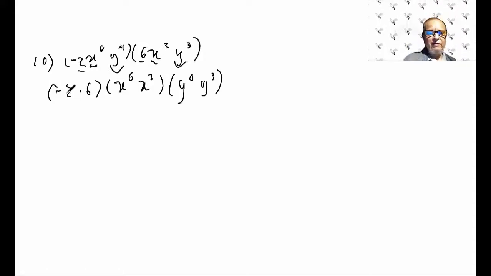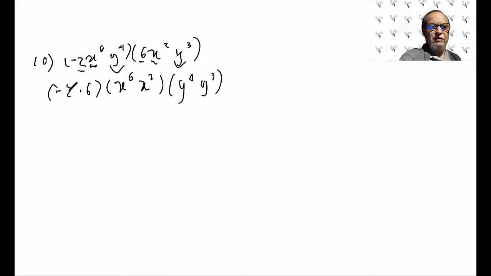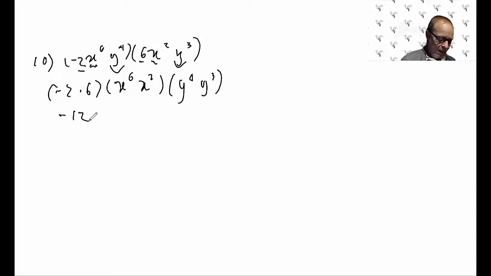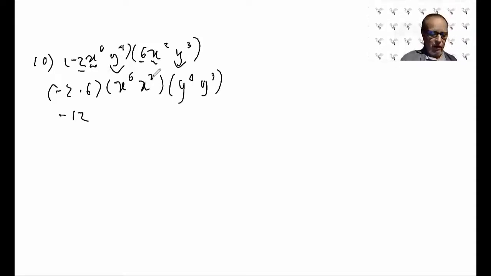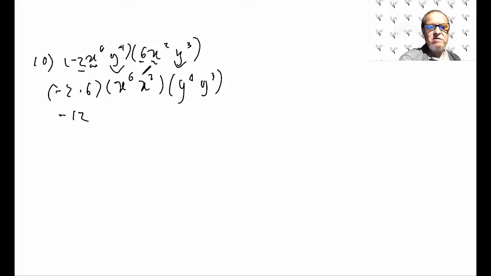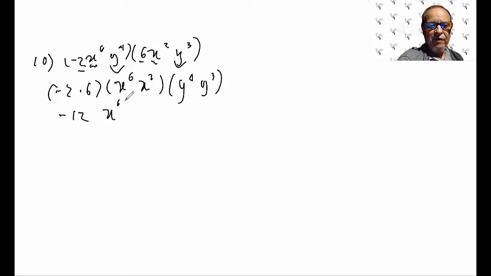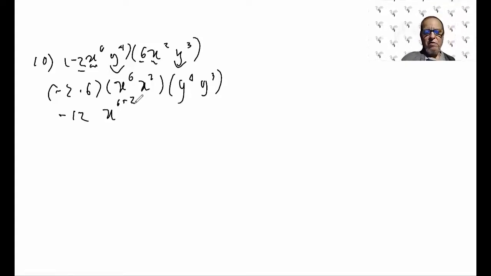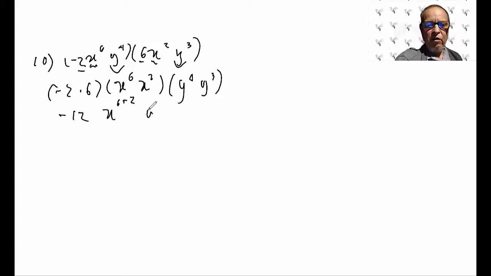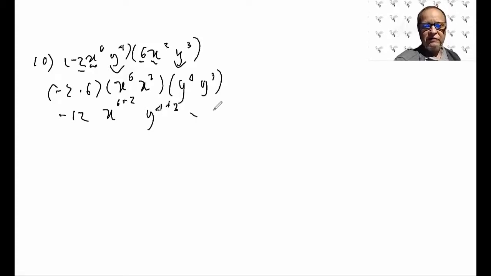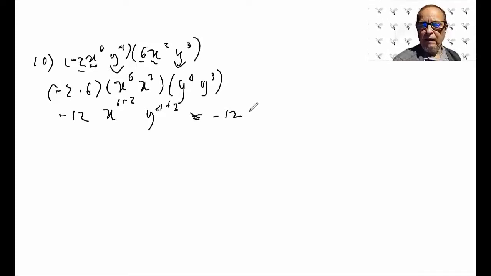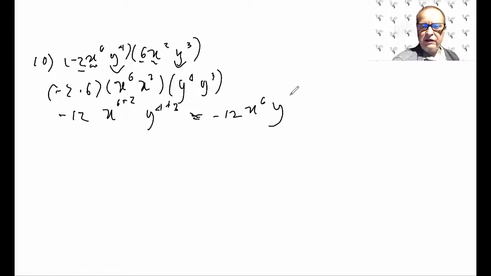So I see that negative 2 times 6 is negative 12. And then I use my exponential property for this, so I add the exponents, 6 plus 2, and then my y, 4 plus 3, and that's going to be equal to negative 12 x to the 8th y to the 7th.